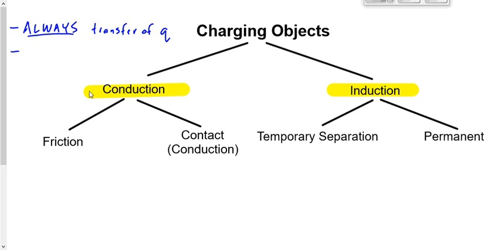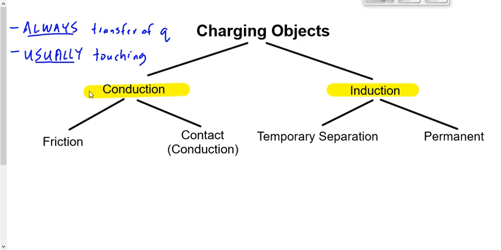Now, conduction usually, although not always, involves two objects touching. Once again, when you walk up on the carpet to somebody, rub your feet against the carpet, build up a charge in your body, and touch them to shock them, that's conduction because charge was transferred. You also touched them.